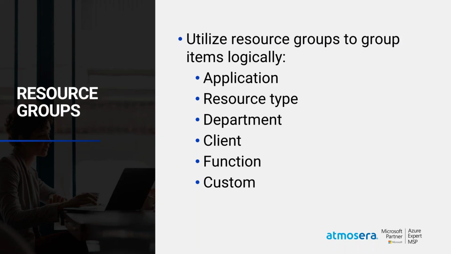So if you have a whole bunch of different application workloads, you can group all the resources that support that application in a single resource group. We can also group by resource type. All VMs go into one, all VNets go into another, all network type resources go into a different resource group. You can also group by department, by client, by function, and really anything you want.